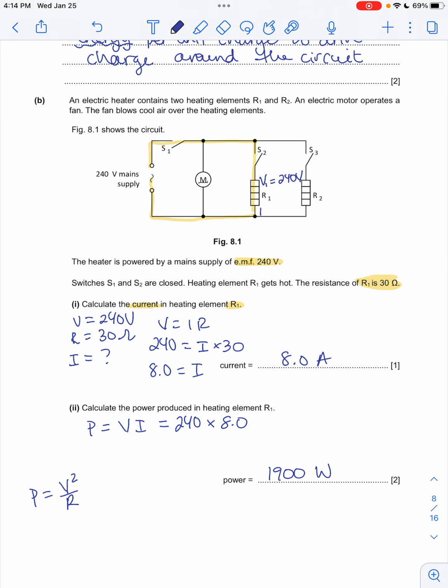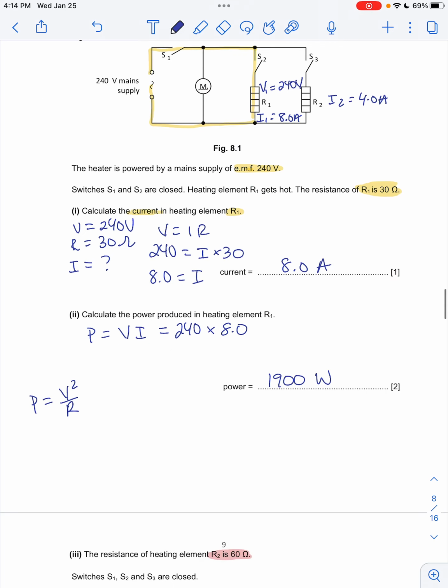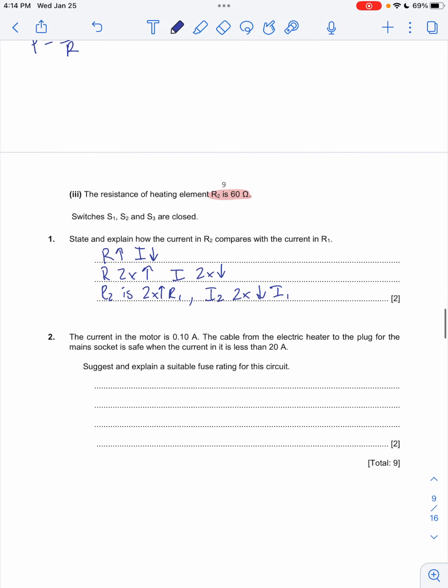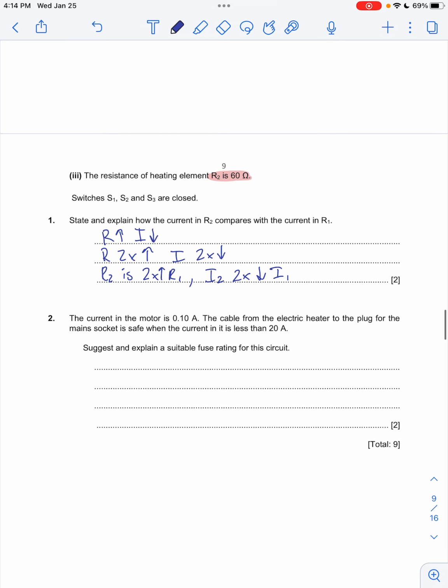If here we have I1 that was 8 amps, then I2 is going to be 4 amps, half as much because there's twice as much resistance. So the marks there come from identifying that it's half the size and that the reason for it is this inverse proportionality between resistance and current.